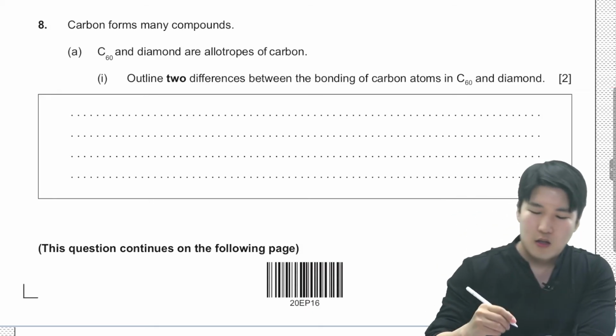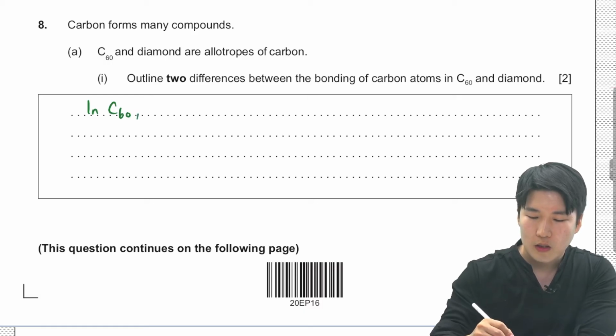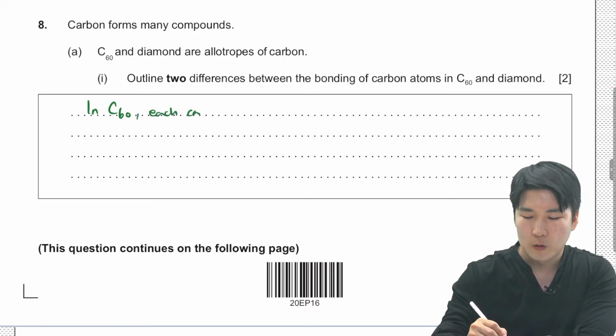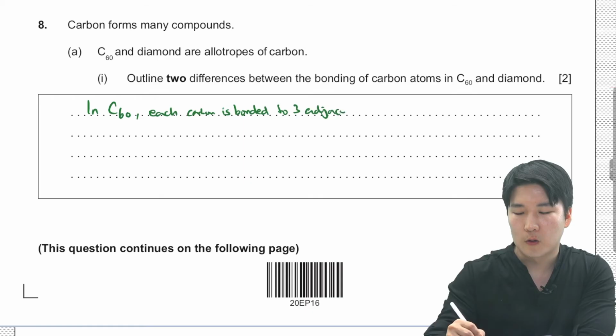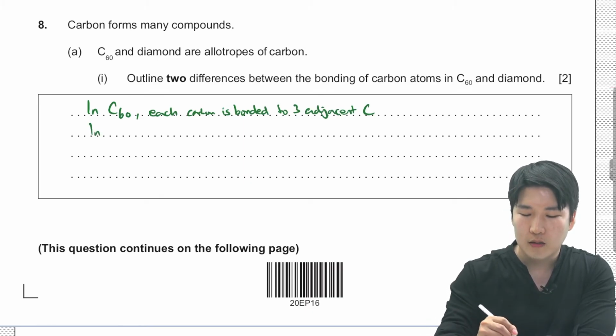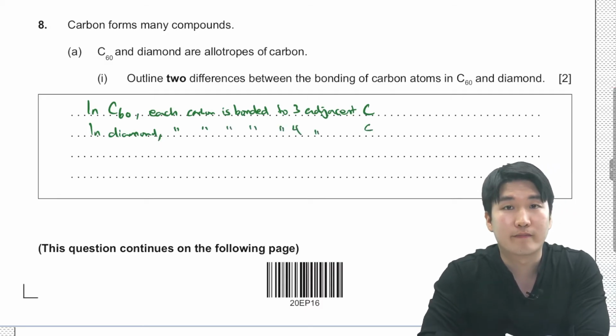Okay, we would be acknowledging how in C60 each carbon is bonded to 3 adjacent carbon atoms, whereas in diamond each carbon is bonded to 4 adjacent carbons.